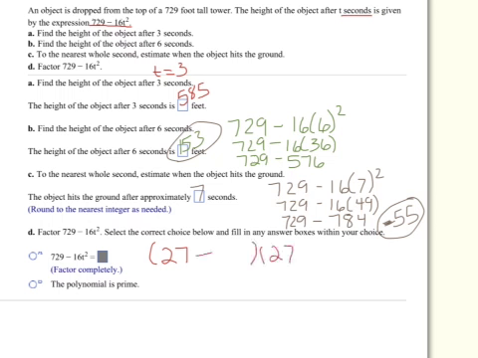And then the square root of 16t squared is 4t. So I want one of those to be negative and one of those to be positive. So I've got 27 minus 4t and 27 plus 4t. So this can be factored because both of those terms are perfect squares.